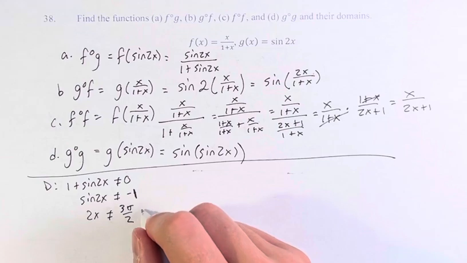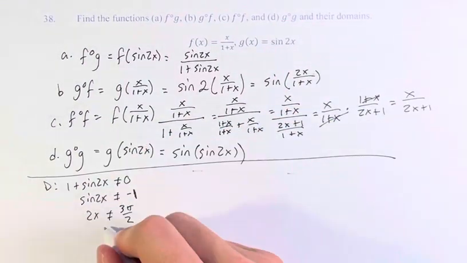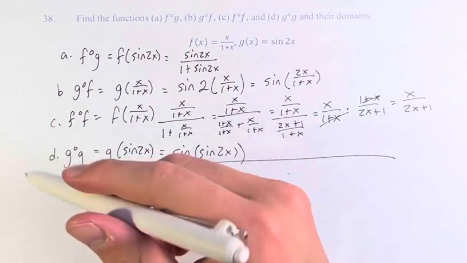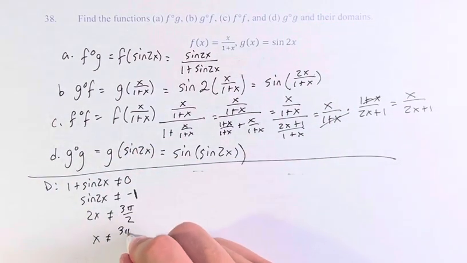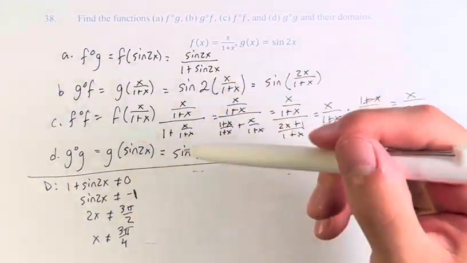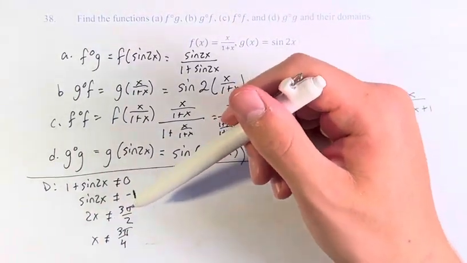Here, x is not equal to, dividing by 2 on both sides, 3 pi over 4. There's the caveat that the sine function is cyclical.